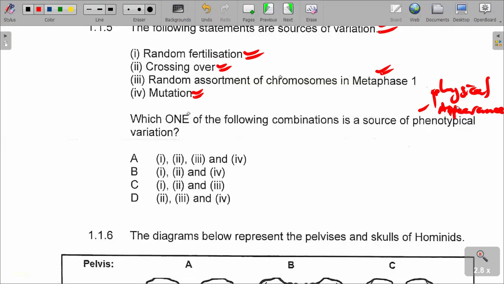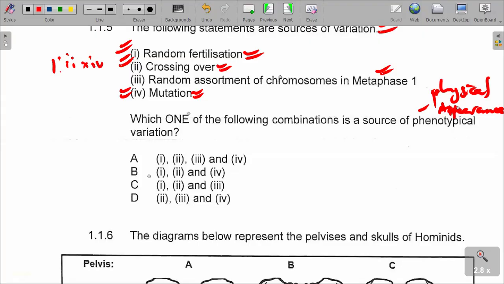So our answer must be 1, 2, and 4. We are saying 1 is correct: random fertilization, crossing over, and also mutation. So our answer must be 1, 2, and 4.